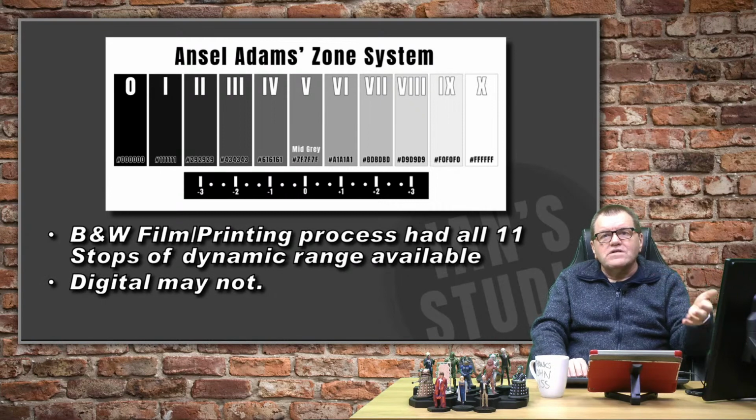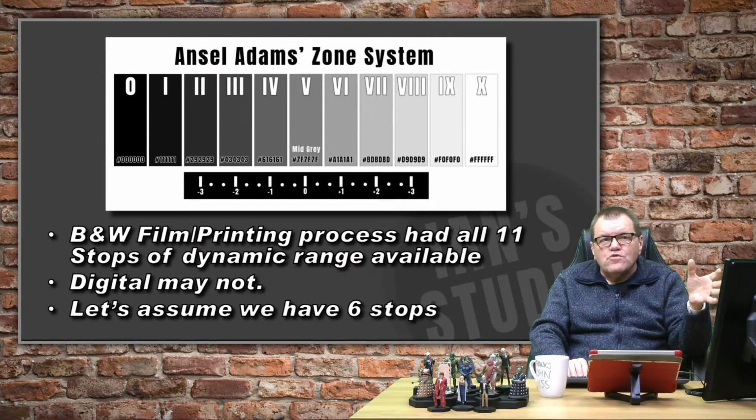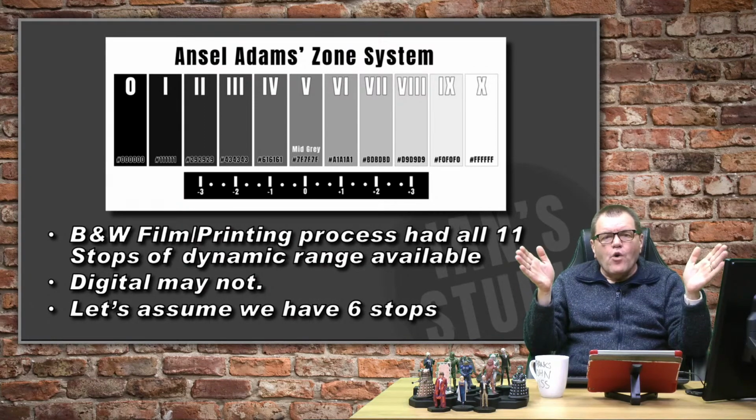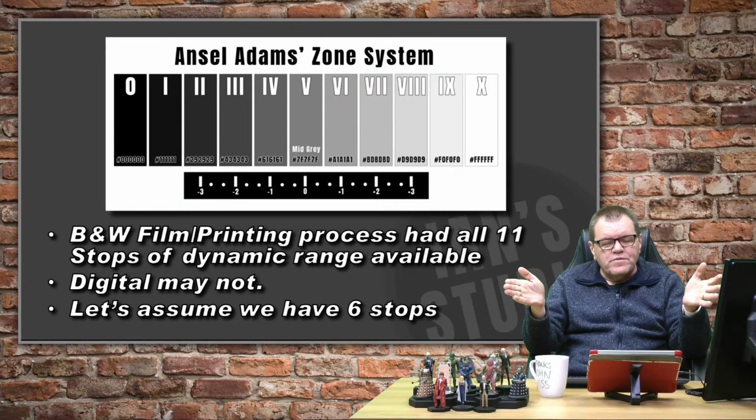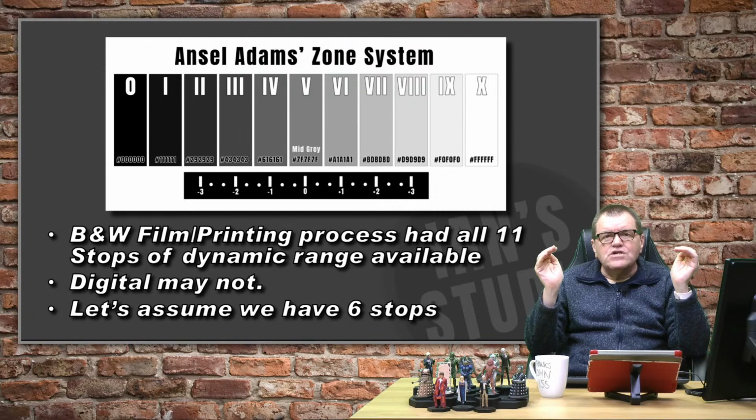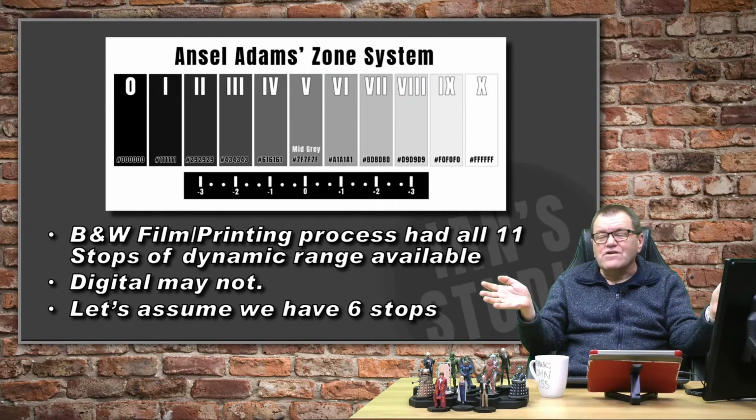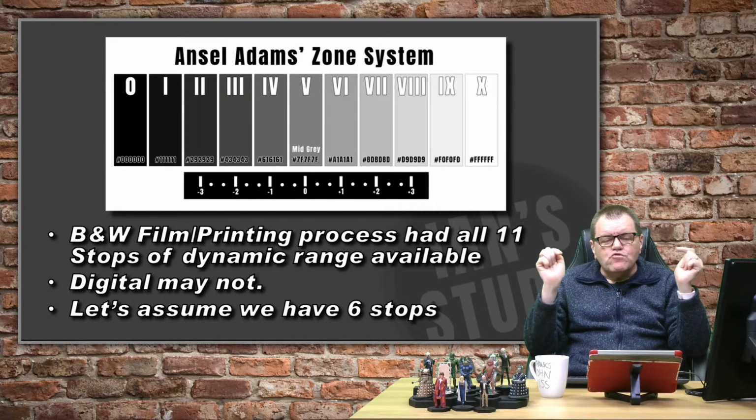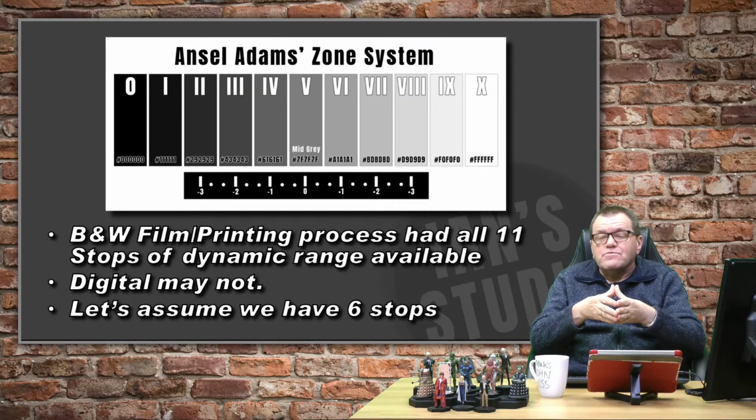Now, some of the more recent cameras, my R5, for example, has a really good dynamic range. I'm kind of blown away a little bit with the dynamic range on it. But I tend to assume most of the time that I've got a workable 6 stops. And if I assume that and I get anything either side of it, so much the better. And that works really well with Ansel Adams' zone system.